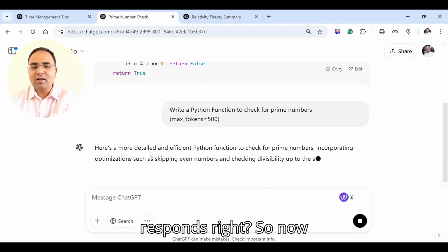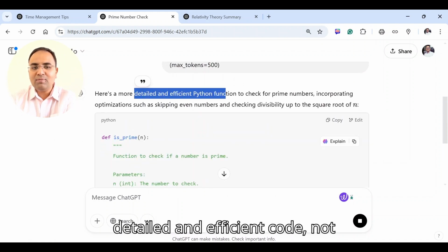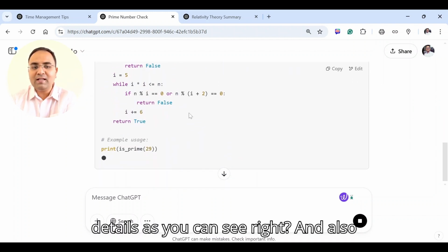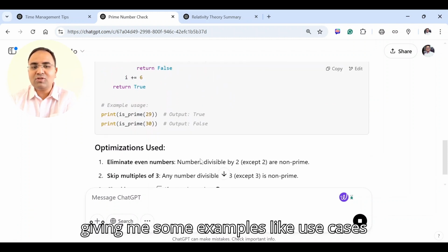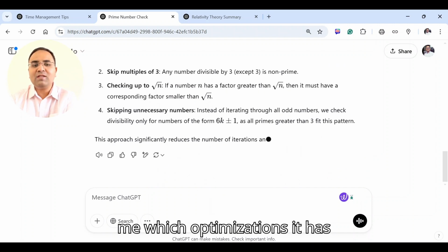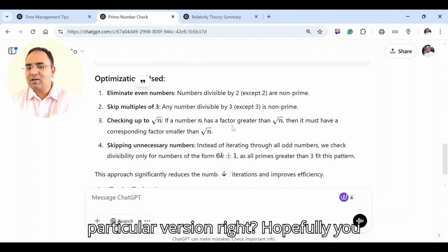Now it's understanding that I'm looking for detailed and efficient code, not a short one. And now it's giving me details, as you can see, and also some examples, use cases, and it is also explaining which optimizations it has used. And of course I prefer this particular version.